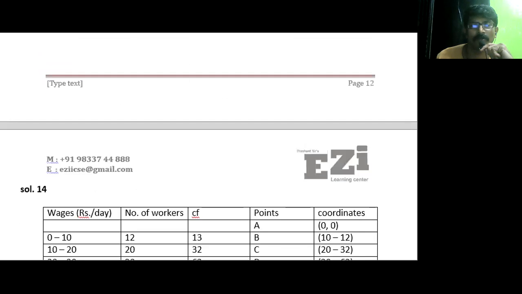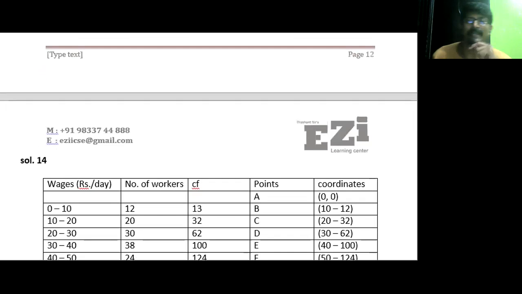Estimate from these few questions, okay? At least we're going to see how to find the median, lower quartile, and upper quartile.